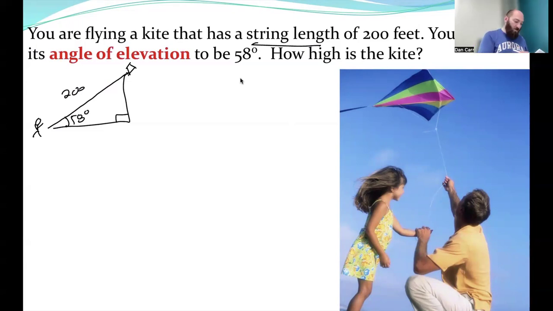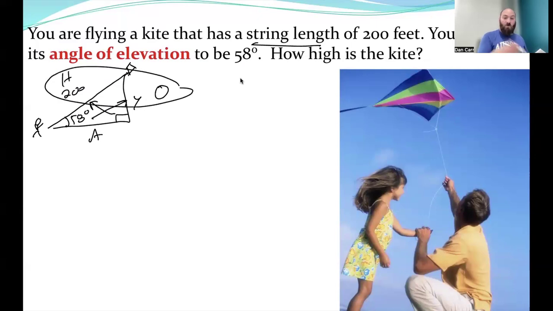I just want one specific number here, and that's going to be this length here. It's going in the upwards direction. Let's call it Y. So I need to set up my trig problem based on that. So just like we did before, let's label our sides. So my hypotenuse is 200. Well, opposite the 58 there, and then this is adjacent. So which trig ratios use O and H? That's going to be sine.